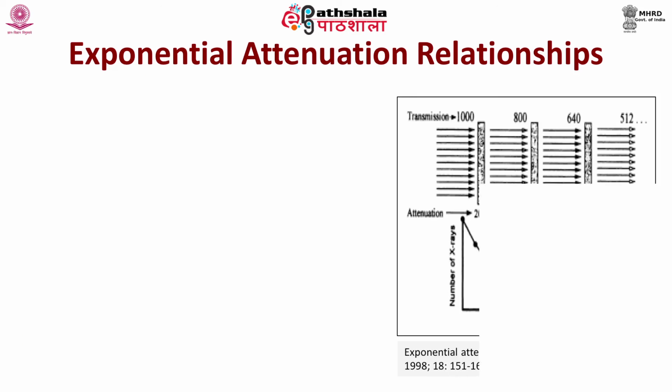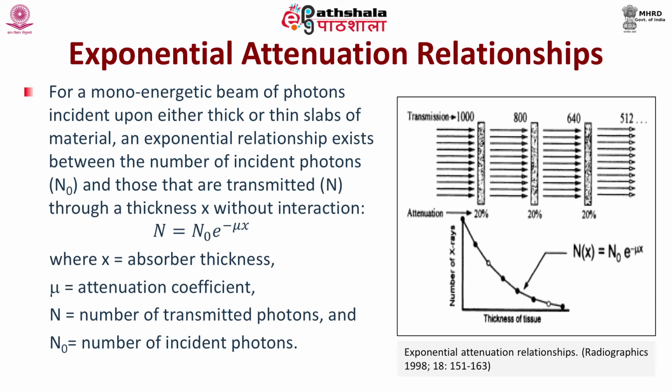The attenuation of a monoenergetic beam of X-rays is exponential in nature. For a monoenergetic beam of photons incident upon either thick or thin slabs of material, an exponential relationship exists between the number of incident photons and the number of transmitted photons.